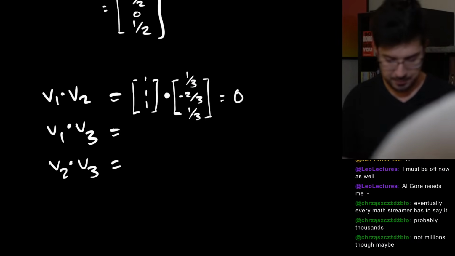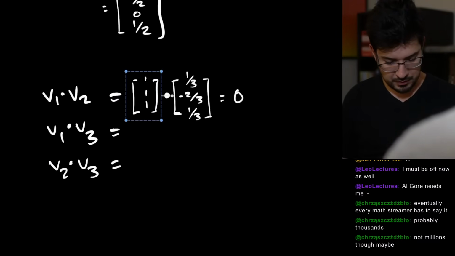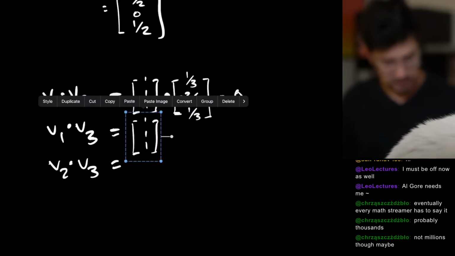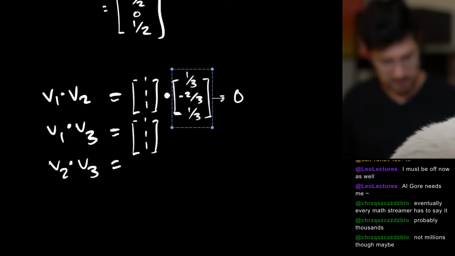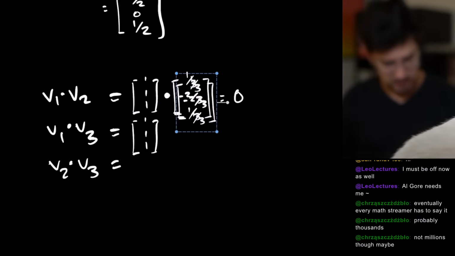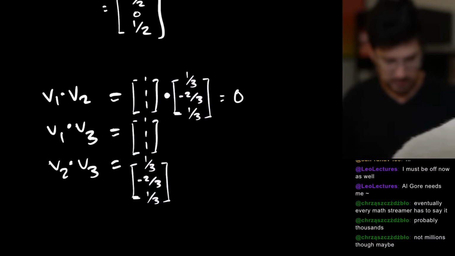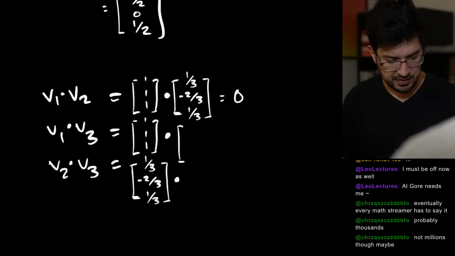v1 dot v3 is going to be this guy, dot product with something else. What is v3 again?